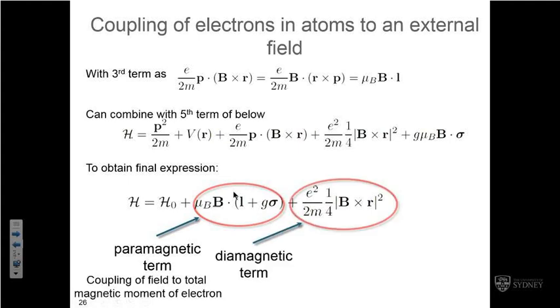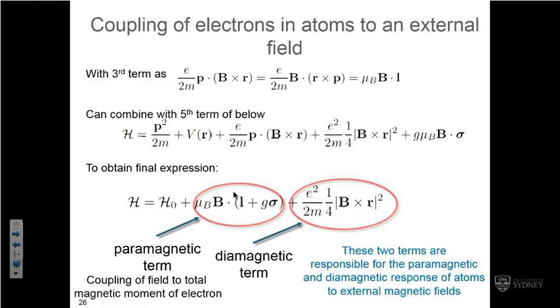Now, every atom exhibits a diamagnetic term, but it's usually extremely small and you don't really notice it. And so these two terms are the ones that are responsible for paramagnetic and diamagnetic responses of atoms in magnetic fields. So this is an important equation here.